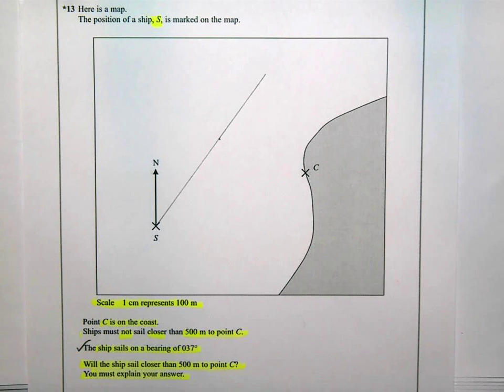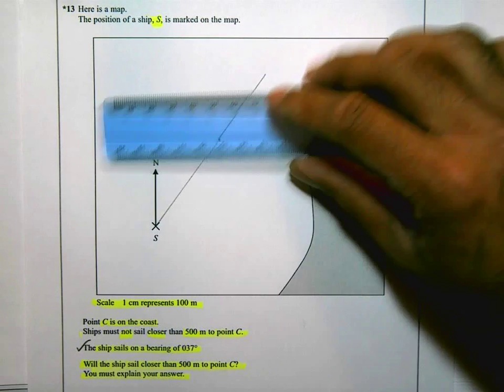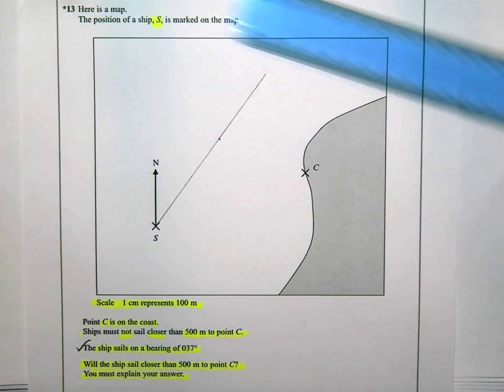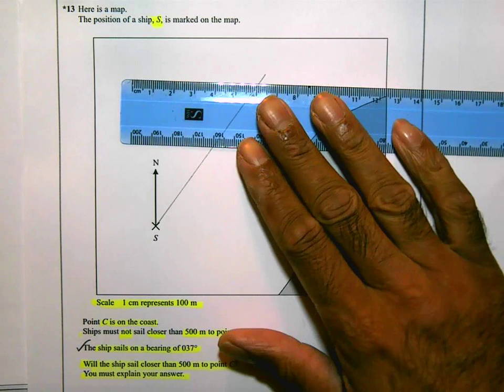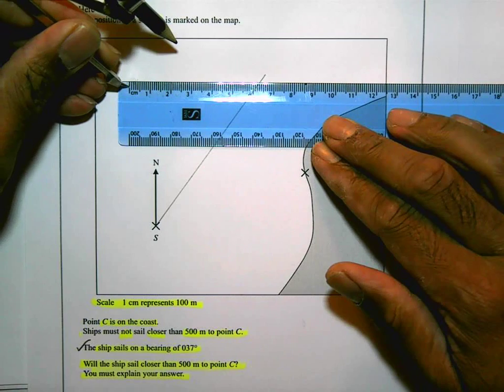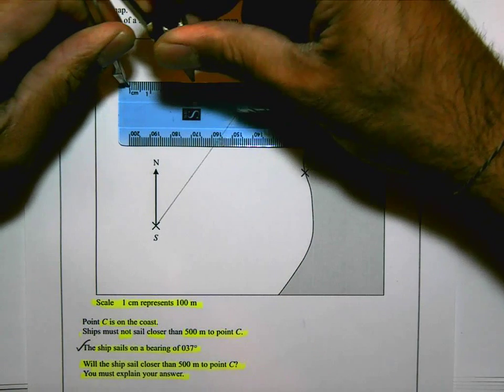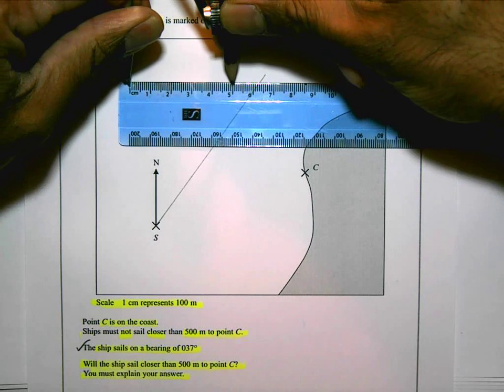But what they've said is the ship must not sail closer than 500 meters to point C. So what I am going to do here is use the scale. Now the scale says 1 centimeter is equivalent to 100 meters. So I'm going to use my compass, put it onto the ruler itself and measure 5 centimeters.